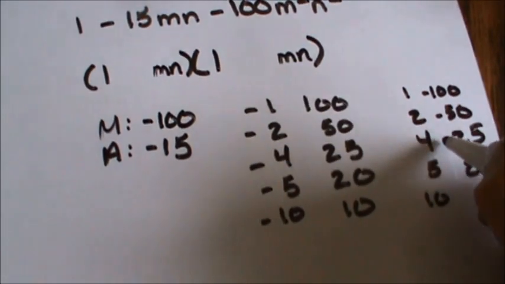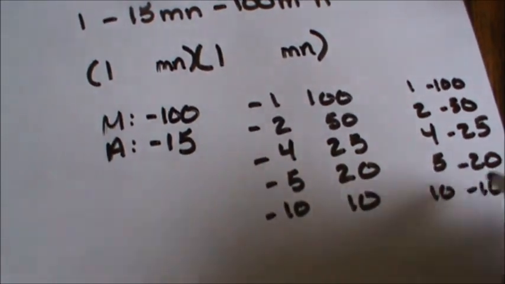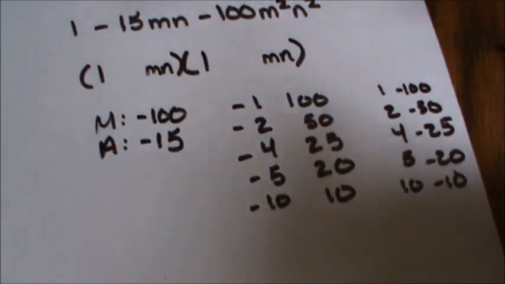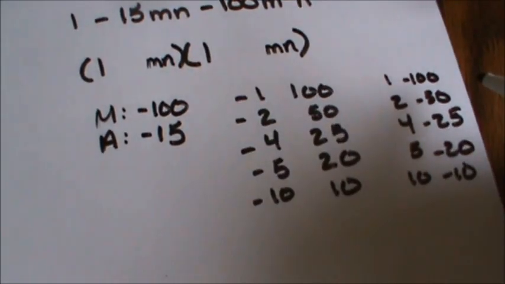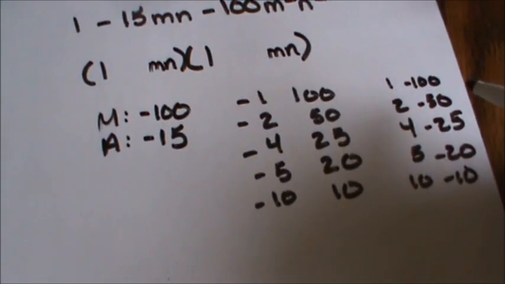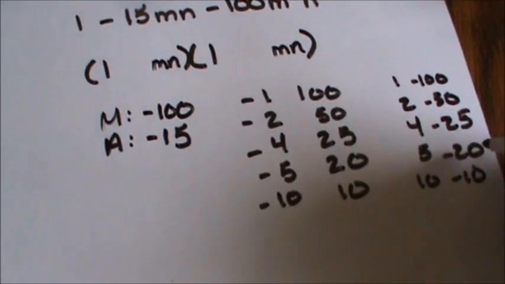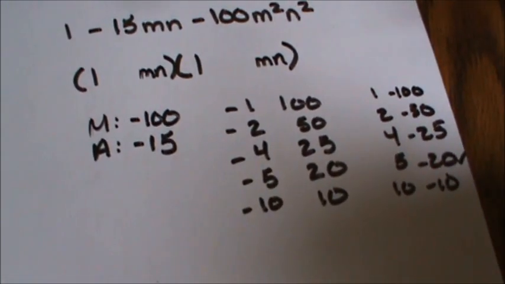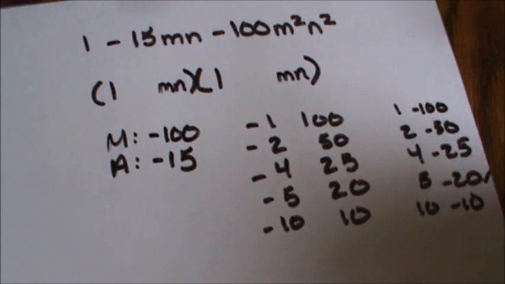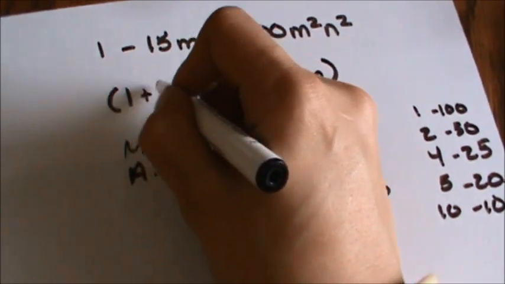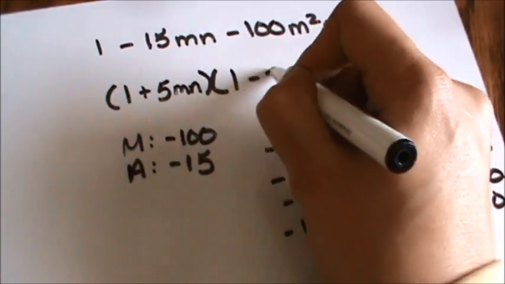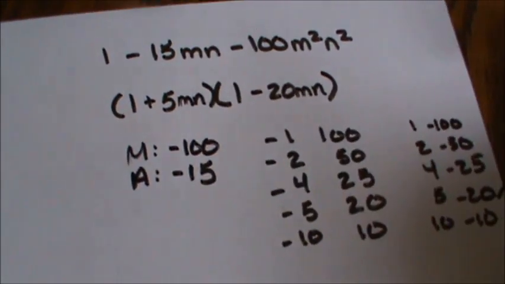And now these can be negative. Now, which of all of these pairs that multiply to be negative 100 add up to be negative 15? Right there, the 5 and the negative 20. That means up in my final answer, one will be plus 5, one will be negative 20.